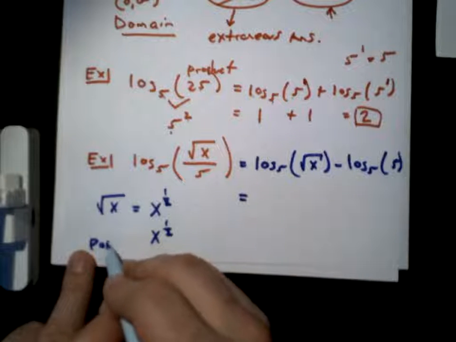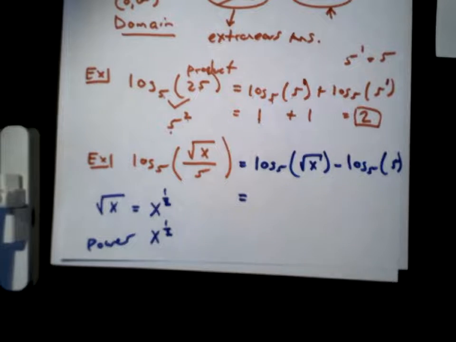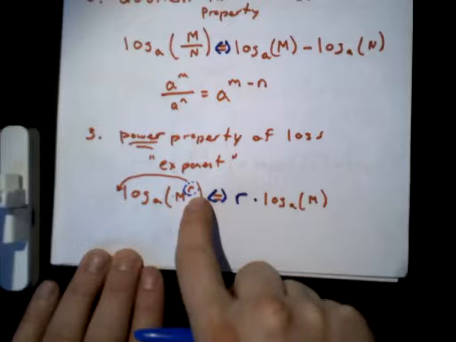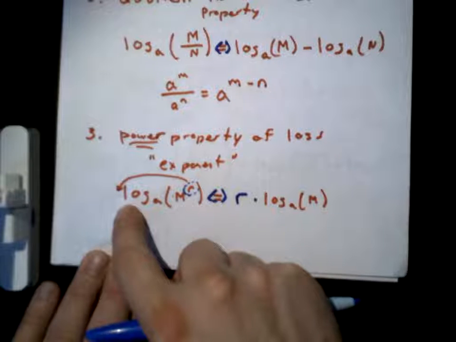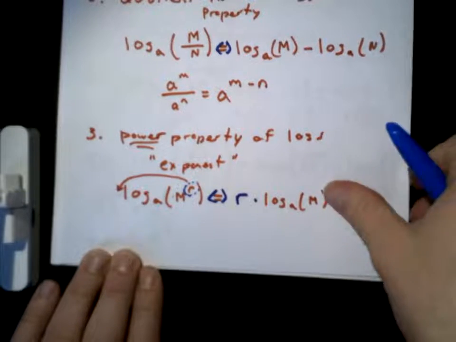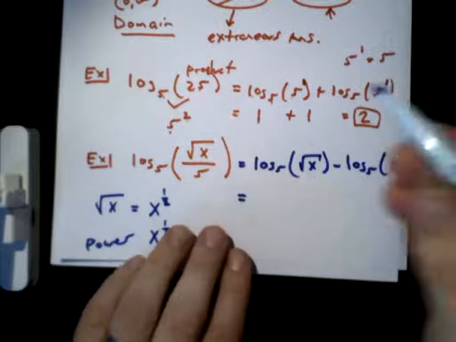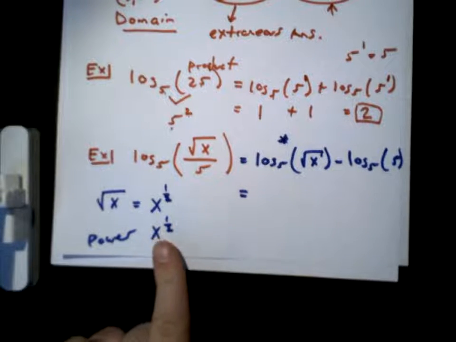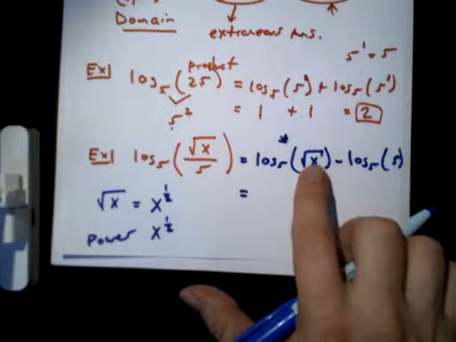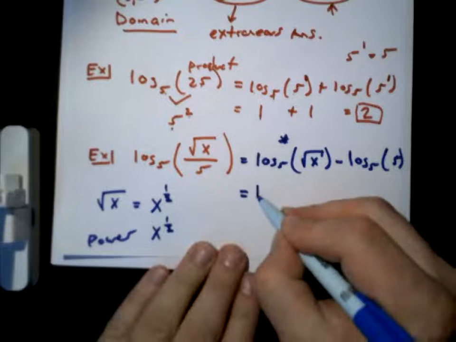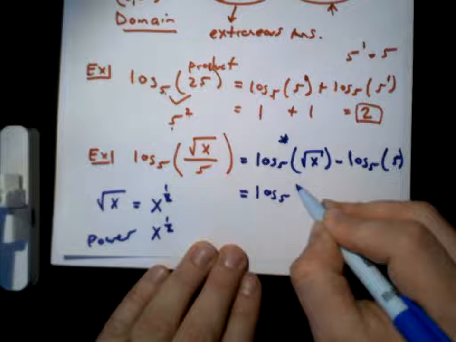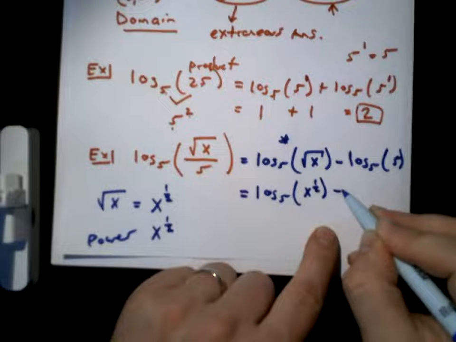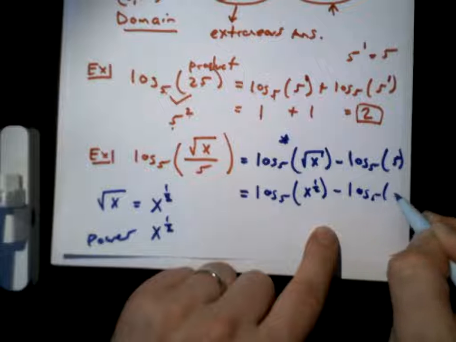Remember what powers do? The powers say, hey, I get to go in front. That's really what we need to do here. We need to make sure that this becomes a power because we need to simplify this as much as we can. So let's rewrite this as log base 5, but we're going to go x to the 1/2, minus log base 5 of 5.